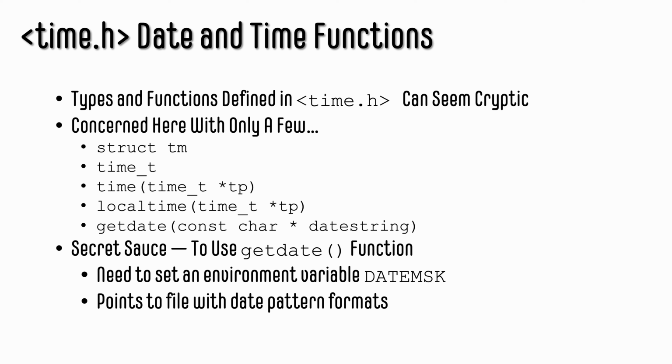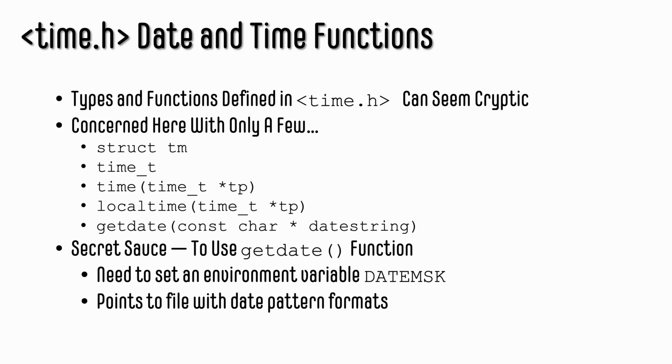So the secret sauce to use the getdate function is you need to set an environment variable called DATEMSK. That DATEMSK environment variable needs to point to a file with date pattern formats in it.